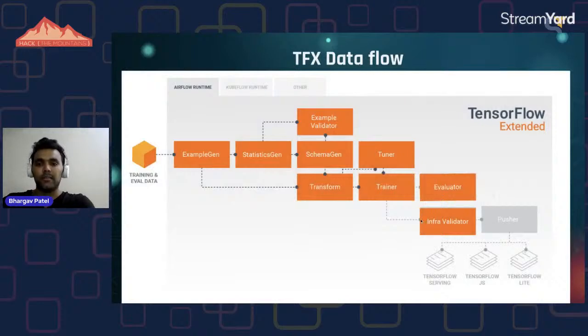Now comes something called infra validator. So till this point, we were talking about training a model and getting the right model for our production. Now it's time to push it into production. But as I said, ML infrastructure is one of the big parts of MLOps. So how do you make sure that your model is a good fit for the infrastructure and your infrastructure is a good fit for your model?